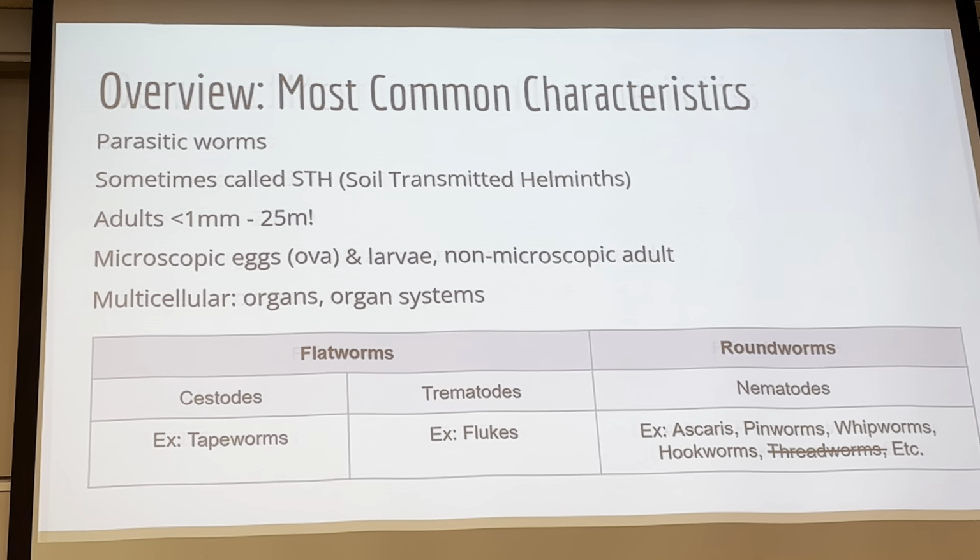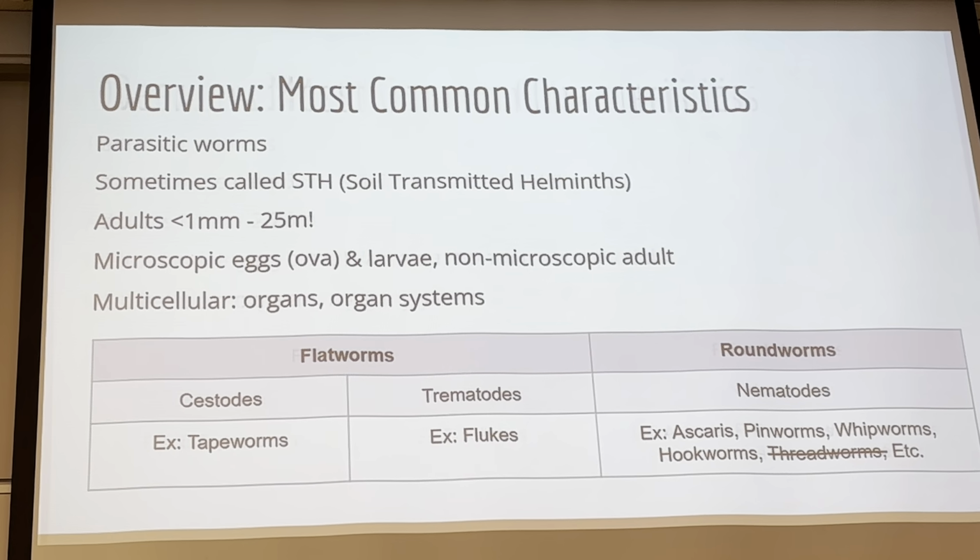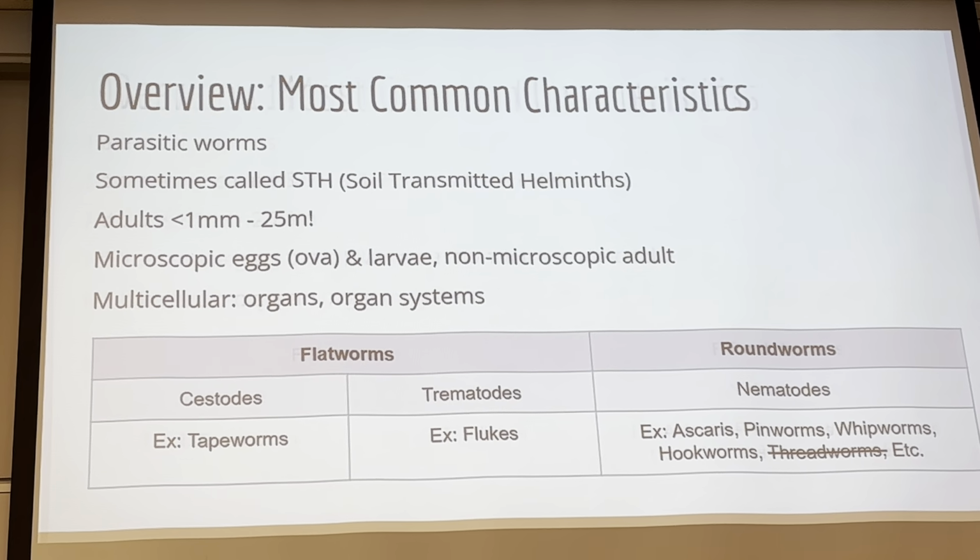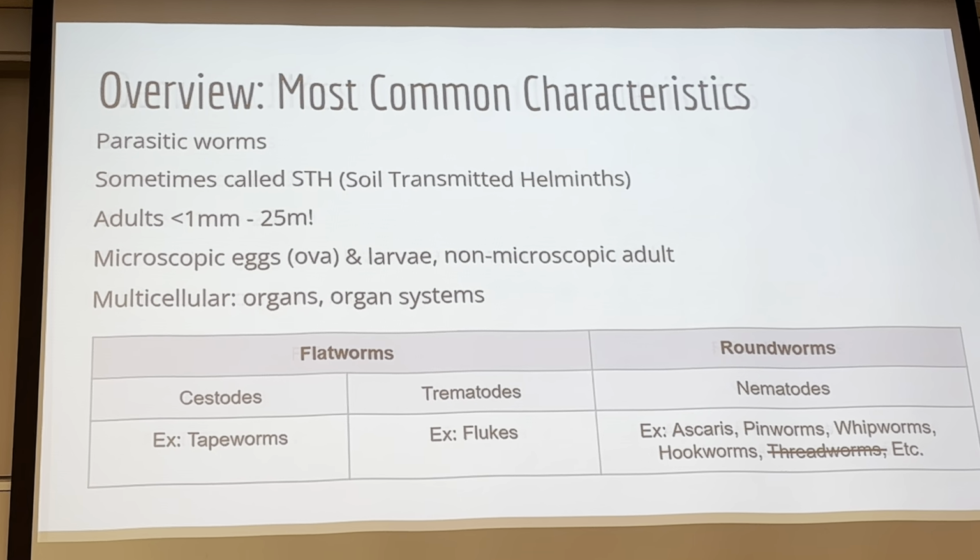They have an egg, and they have a new type of life cycle stage called a larva. We haven't had this before. We only had cysts and trophozoites in protozoa. Now we have helminths that have eggs, larvae, and an adult phase, and it's called an adult. They're not called something special like trophozoite.